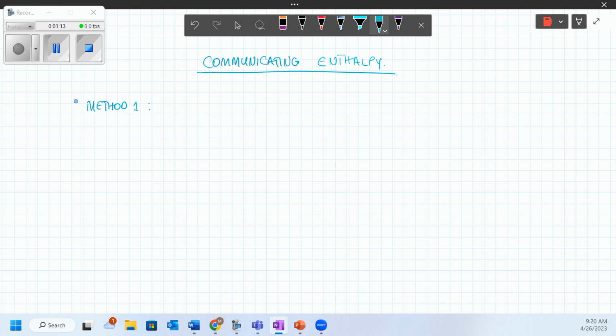Now, when we say the first method, it doesn't mean that if I say method one, then I mean molar enthalpy. But it is one of the ways to communicate enthalpy: using molar enthalpy.